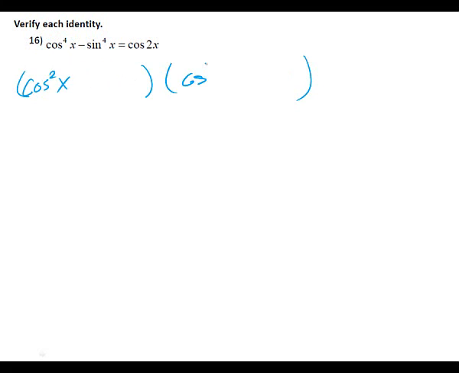Cosine squared x. Okay, what's the square root of sine to the 4th? Sine squared x. Make 1 a plus and 1 a minus. Alright, we should know what cosine squared plus sine squared is. What's that? 1. Pythagoras.